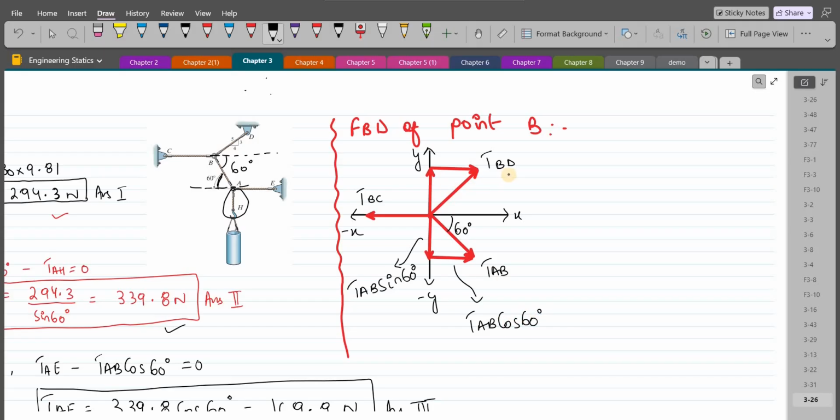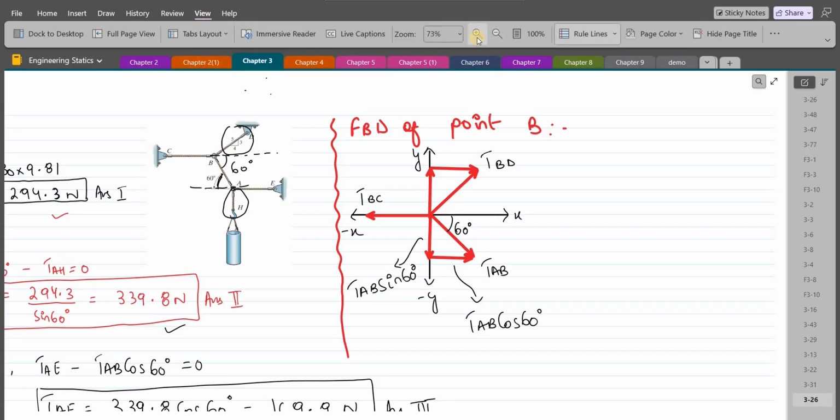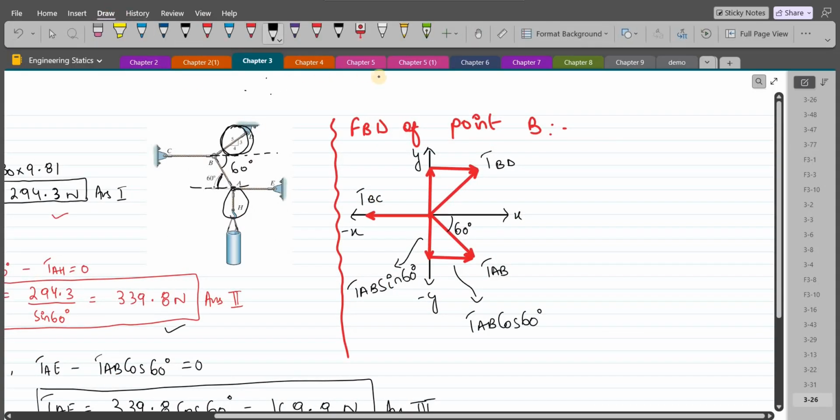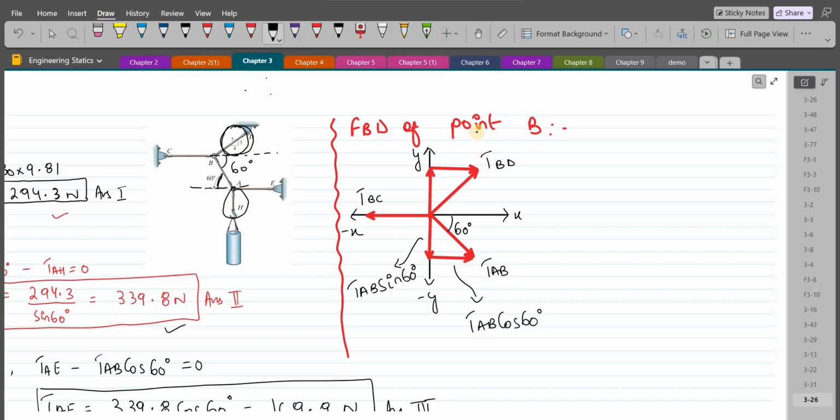Similarly, for the TBD force, we have to consider this 3, 4, 5 triangle. Let me zoom in. So the vertical component of the TBD force is TBD into the ratio of 3 upon 5 and the horizontal component is TBD into the ratio of 4 upon 5. So this is the free body diagram of the point B.